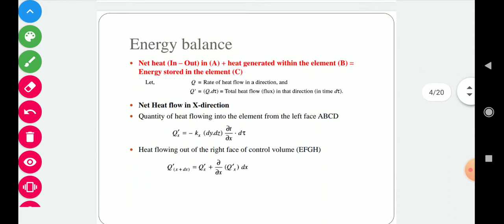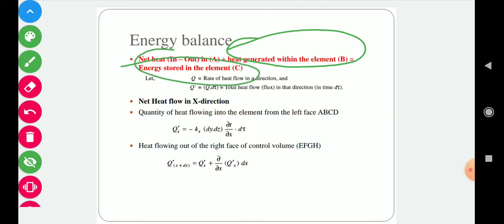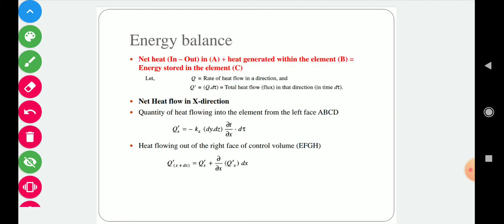If we apply an energy balance on the control volume, then the net heat, that is the amount of heat entering the control volume minus the amount of heat coming out of the control volume, plus heat generation within the element, will be equal to the energy stored in the element. So this is our overall energy balance.